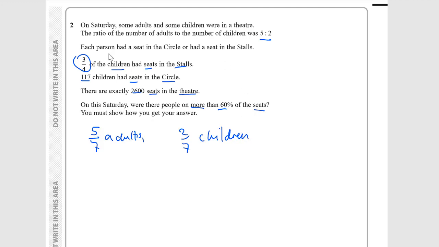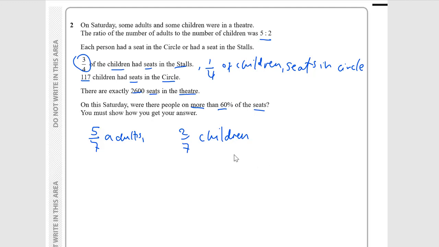We know that if 3 out of 4 of the children had seats in the stalls, then 1 out of 4, so a quarter of children, had seats in the circle.